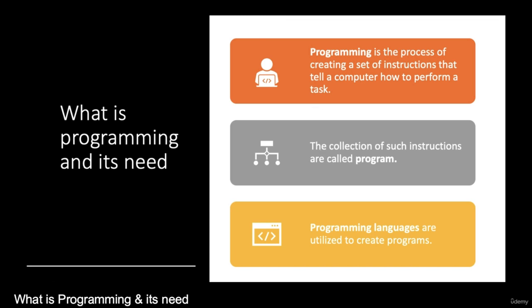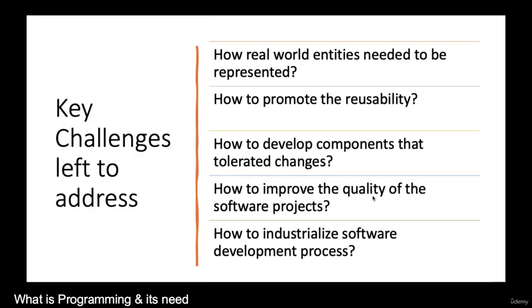Now, we use several programming languages to create such programs. So, three basic concepts we are discussing in this slide. First of all, what is programming? Programming is creating a set of instructions to tell a computer how to perform a task. Those instructions, collectively, are called a program. And programming languages are utilized for creating these kinds of programs.